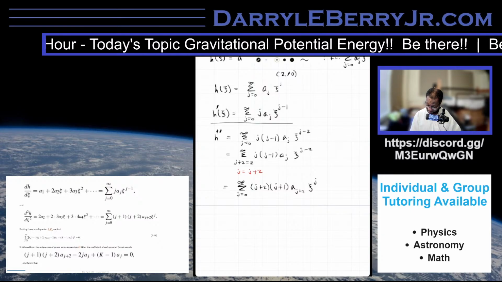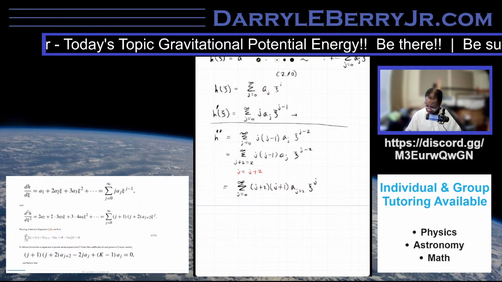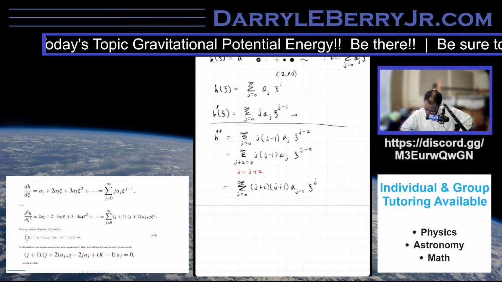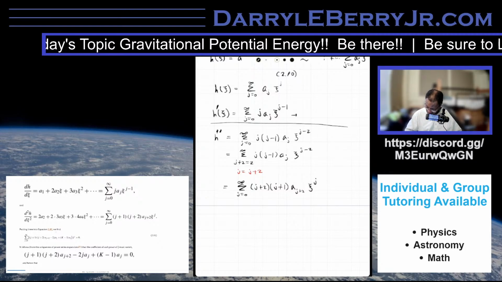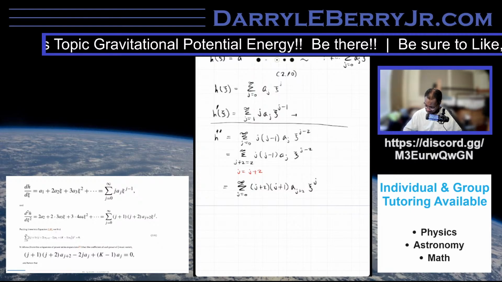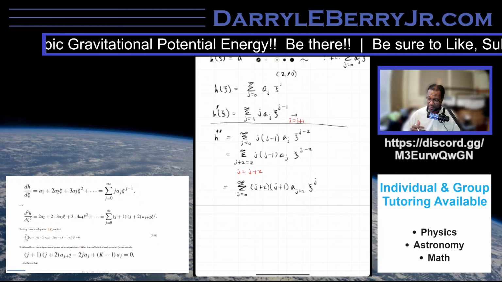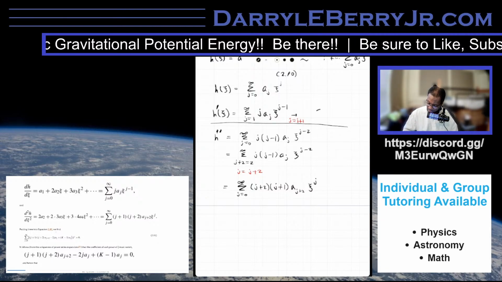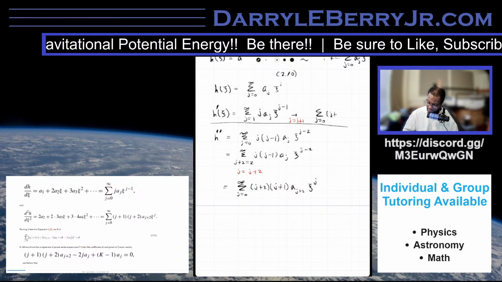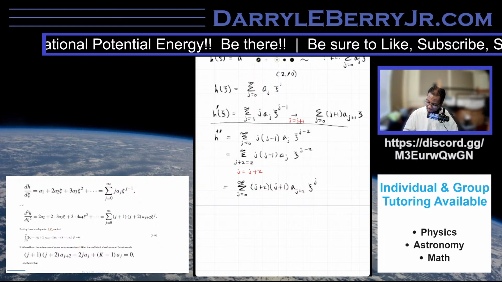And we can do the same thing here with j equals j plus 1. 0 gives you 0. So j equals j plus 1. So we have the sum j equals 0, j plus 1, a j plus 1, z to the j.